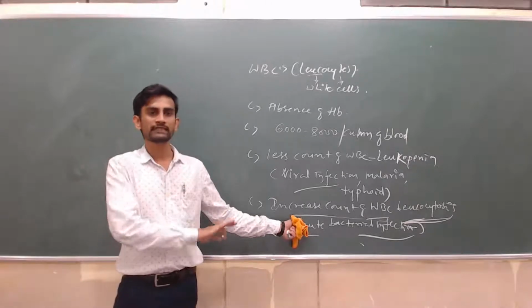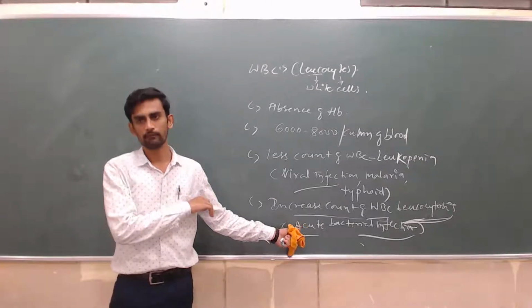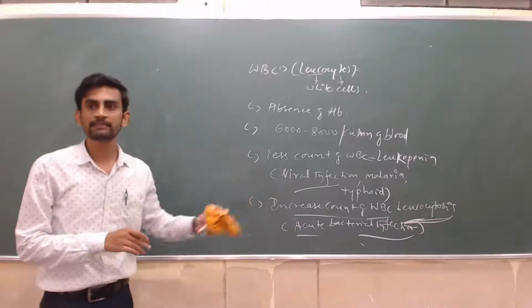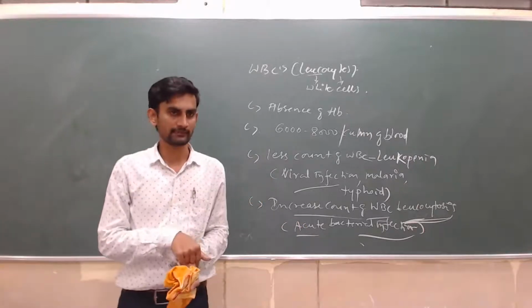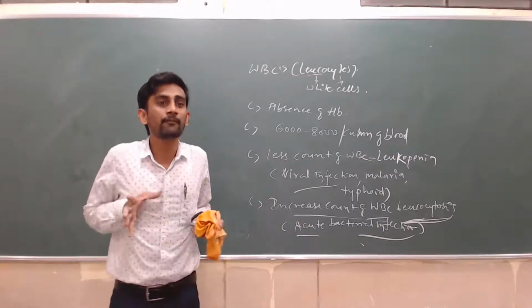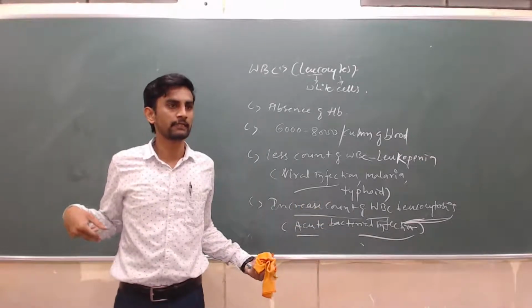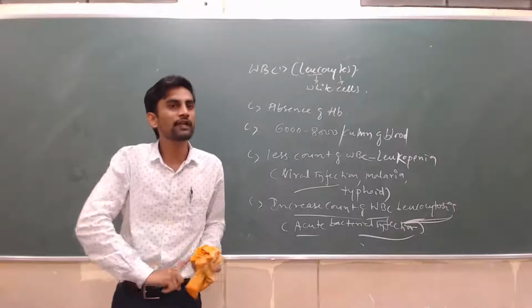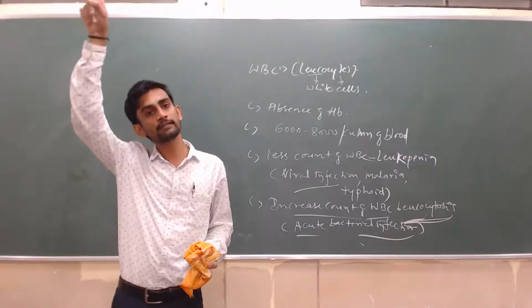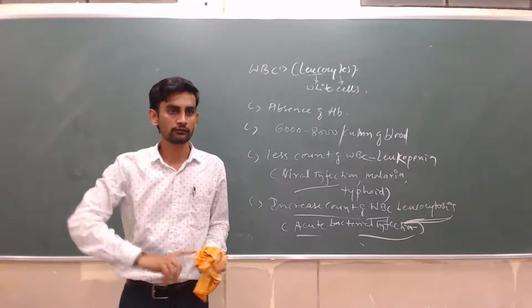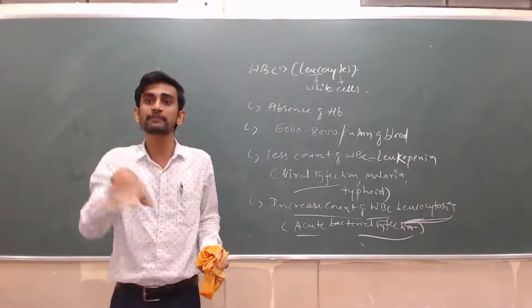More number also causes problems, and less number also causes problems. Less number means the soldiers become fewer, so we may become very susceptible to disease. We may get any type of disease, from rhinovirus to AIDS also. AIDS influences our immune system only.